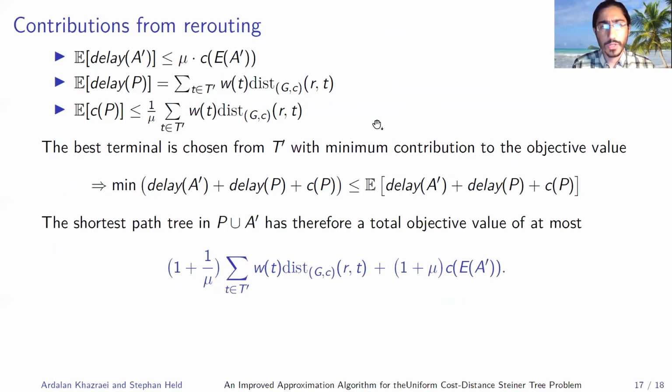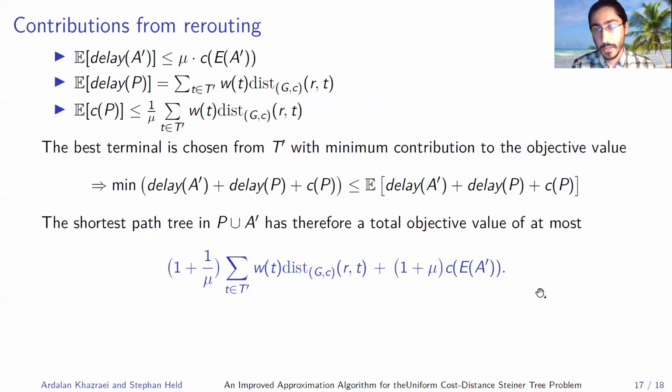Now, since the choice of port terminal was made to be optimal, we have that the contribution of a cluster to the objective value will be no more than the sum of the expected values on the random choice. And luckily, with the choice of probabilities proportional to delay weights, they sum up to exactly the desired bound in the lemma.